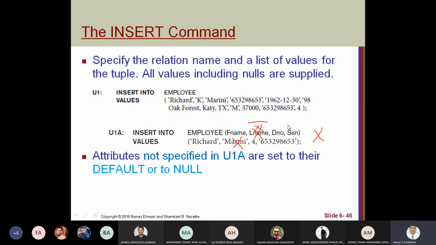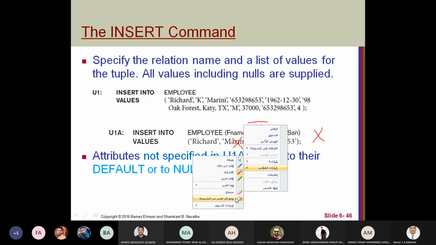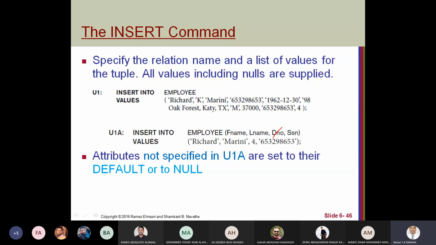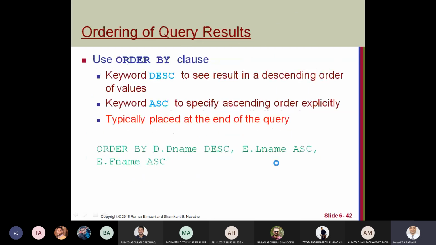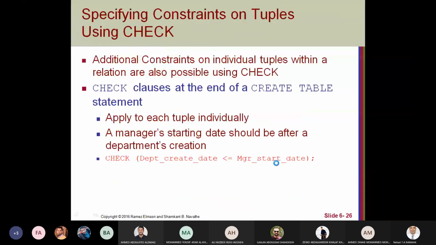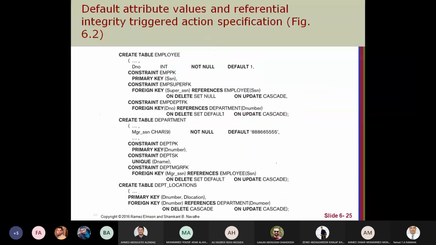For example, we can ignore the number here. Why? Because if you return to the create employee table, I think we have it here. Okay, create employee, D number has default. It cannot be null, but it has a default value.